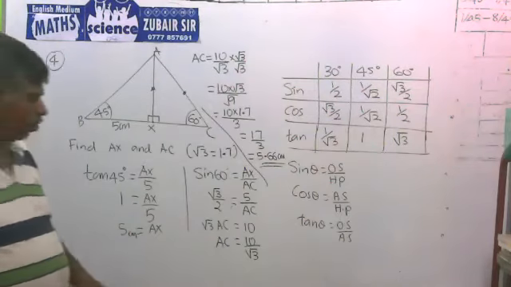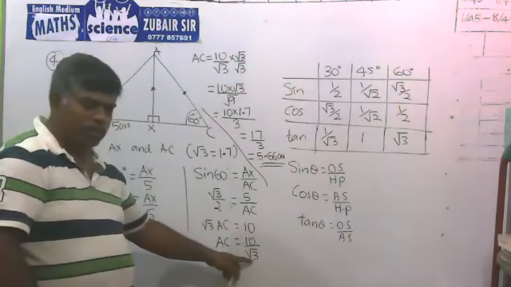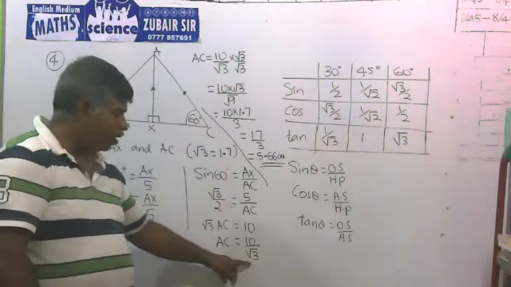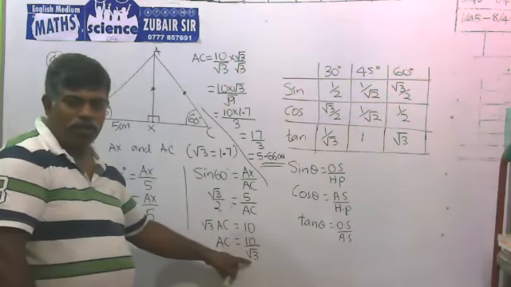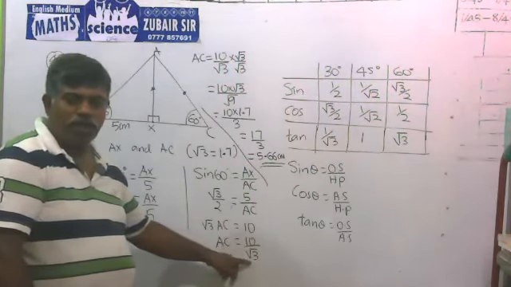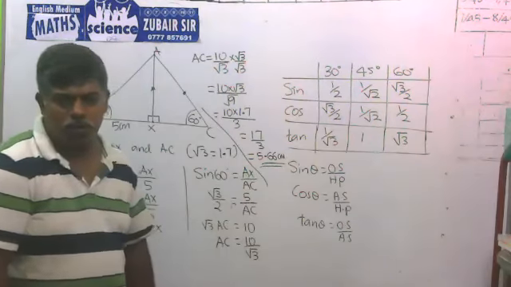Then you can ask, can't we put the value in this step? If you put 1.7 here, then you have to divide the 10 by 1.7. Then you are getting more difficulties. Because of that only we have to remove the square root from the lower part.